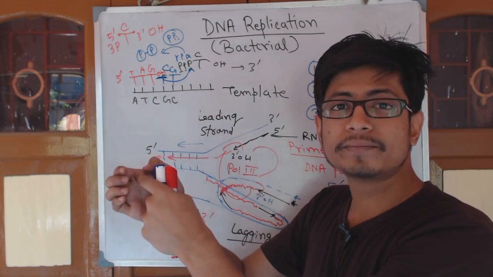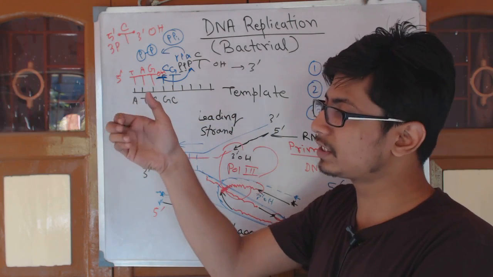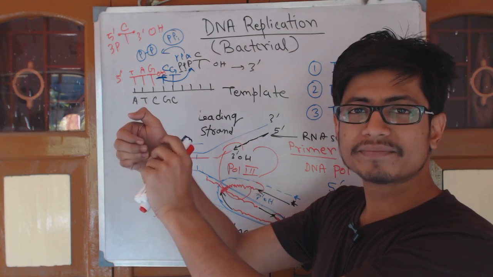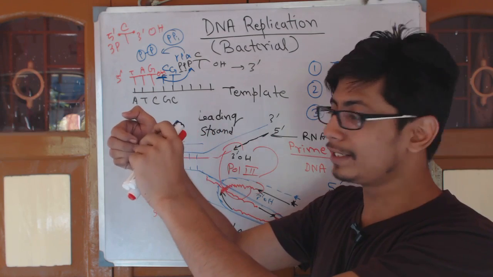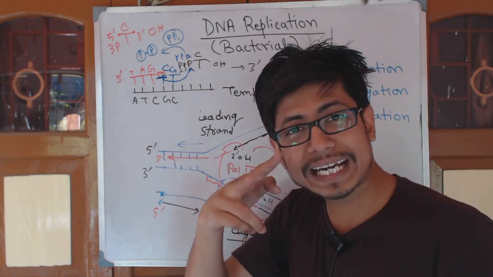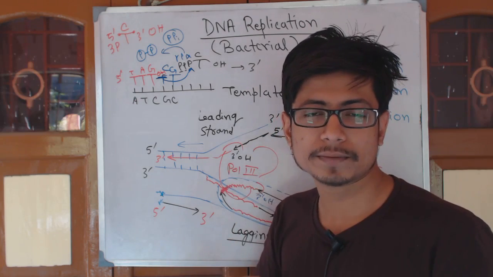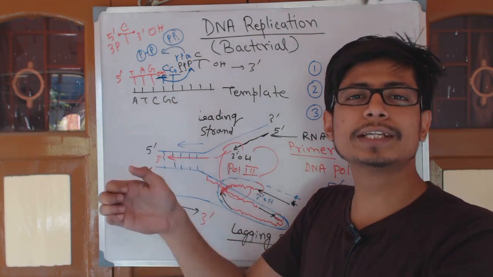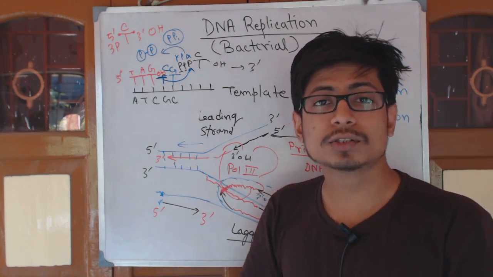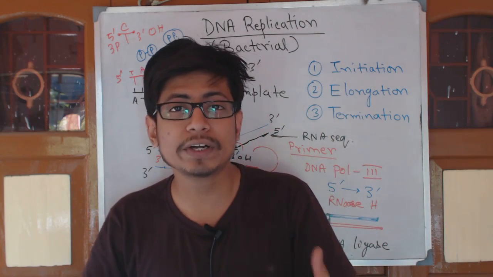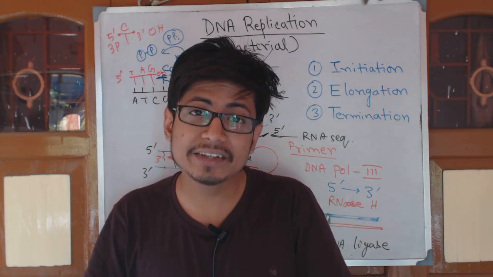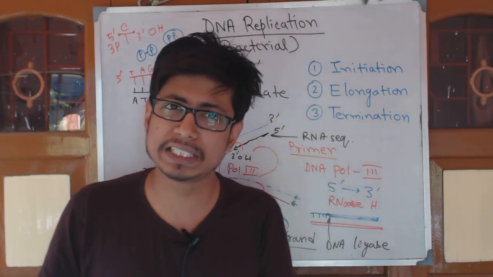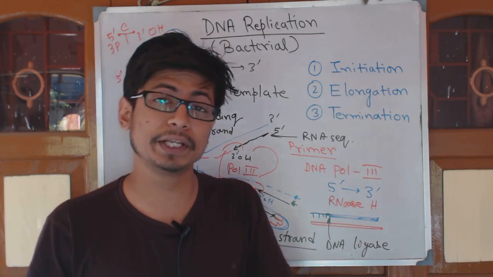If they add a wrong nucleotide, then this DNA polymerase changes its conformation, from there to there, so it can place that wrong nucleotide-containing DNA into this exonuclease domain, which can cleave some of the nucleotides, and then it shifts back to the normal conformation to start adding new, right nucleotide sequences. So the DNA polymerase has the capability of proofreading activity on its own, and that decreases the chance of mistakes and increases the chance of a better replication process.